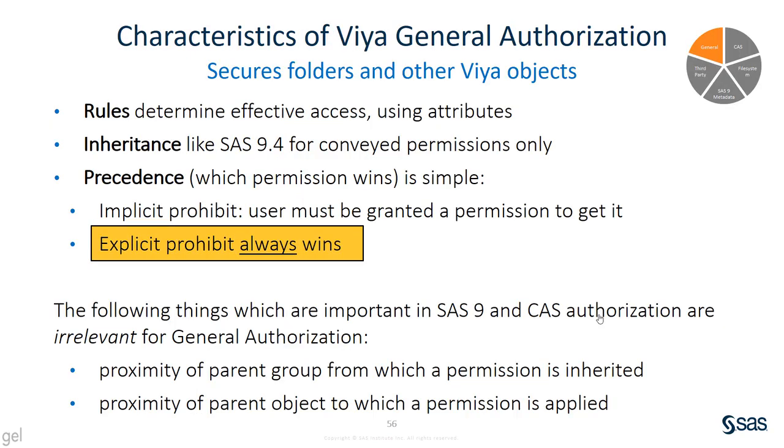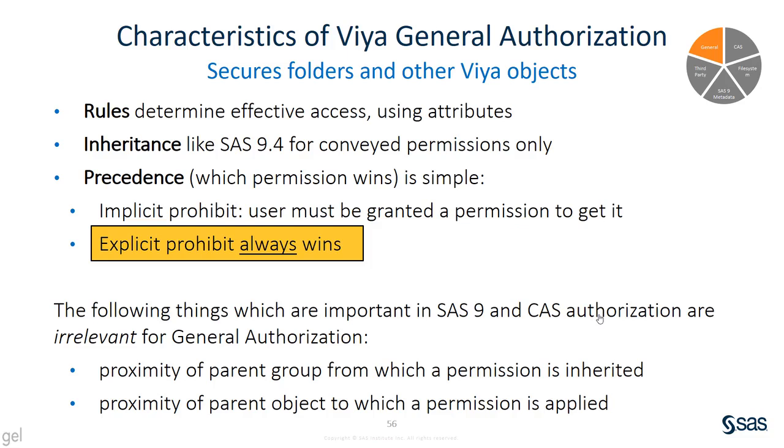So the general authorization system applies to folders and objects within Viya. So folders and content. We've already seen rules. It uses rules to determine effective access using attributes. So the attributes of an object determine whether a user can access it or not.